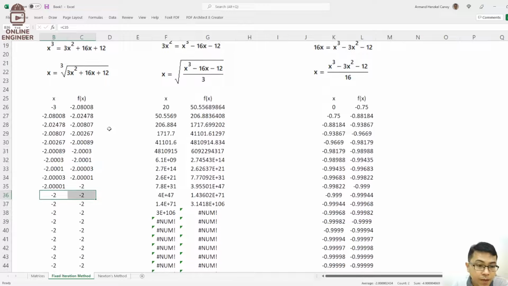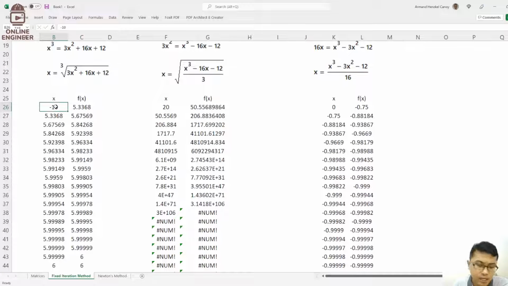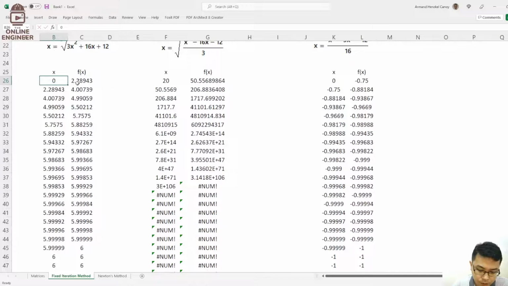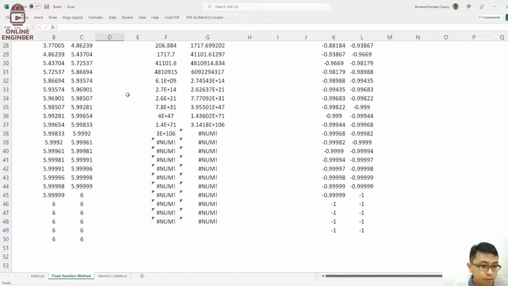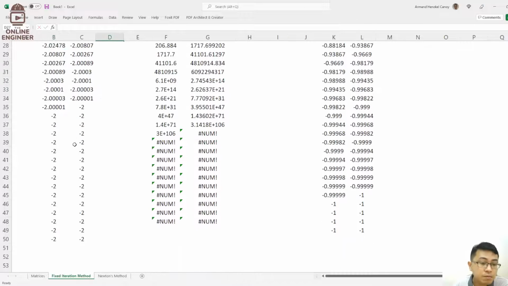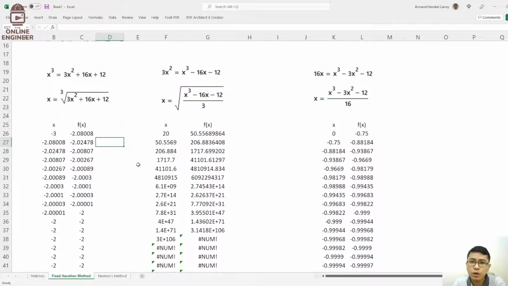So, once again, we started with -10. The answer here was 6. And say, for example, we use 0 as our initial value, we'll get 6 as well. If we have -5, it's also giving us 6. If we have -3, it gives us -2. Now, what about -1? We actually have one of the roots as -1.